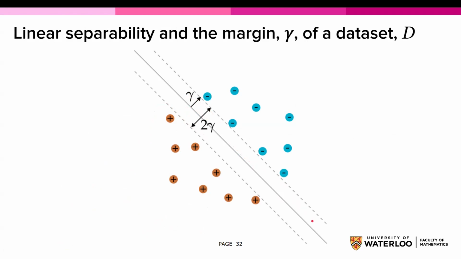And crucially, when we do that, we make it clear that linearly separable data also have to have some amount of separation between them. That is to say, there has to be some distance between the classes. We'll call this the margin, gamma, as the distance from the separating hyperplane to the nearest point in the data set. And so 2 gamma is the width of this band centered on the separating hyperplane.